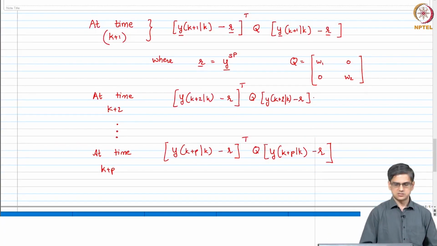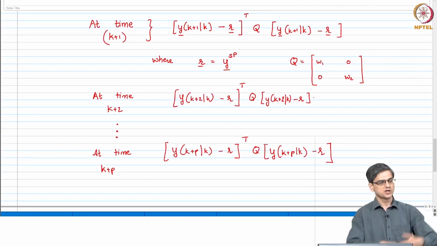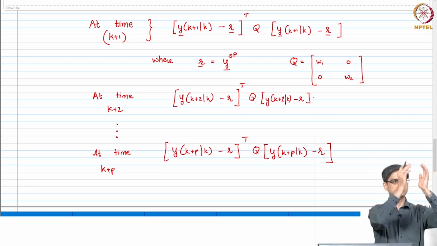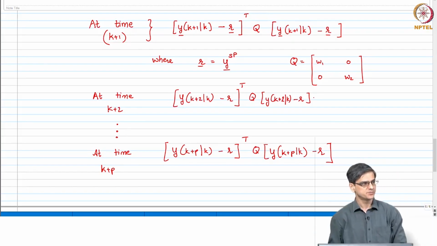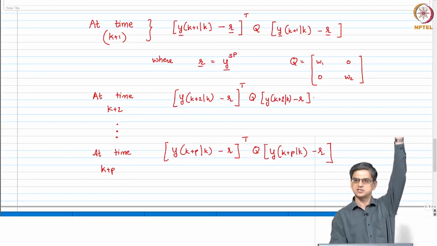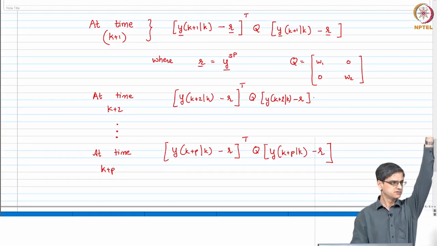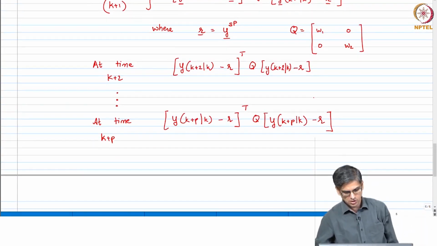Sum of square errors, we wanted to add all of these. We wanted to add the error at k plus 1, error at k plus 2, error at k plus 3, up to error at k plus p. What does that do? Just construct this larger vector. So, how do you do that?